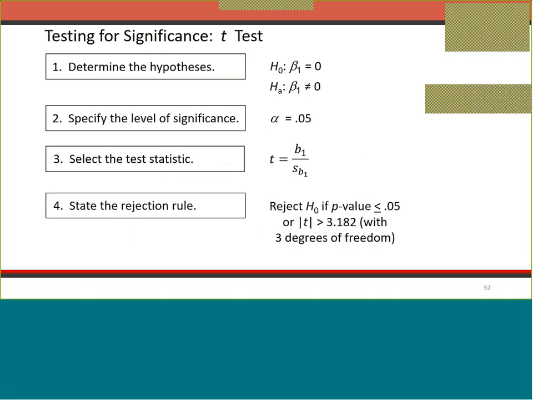So your null hypothesis is beta 1 equal to 0, there is no relationship. The alternative hypothesis is that there is a relationship. The level of significance is 0.05.